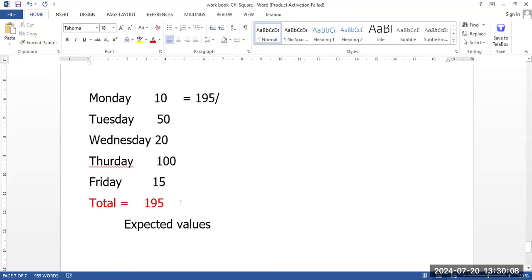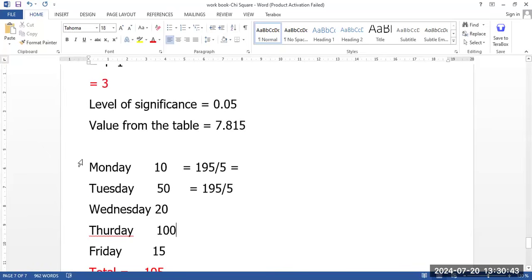So here you divide by 5, and that will be the answer. 195 will not change. If you're dealing with 7 days, then you divide by 7. If you're dealing with 6 days, you divide by 6. So that will be your expected. That's how you will be getting your expected value.